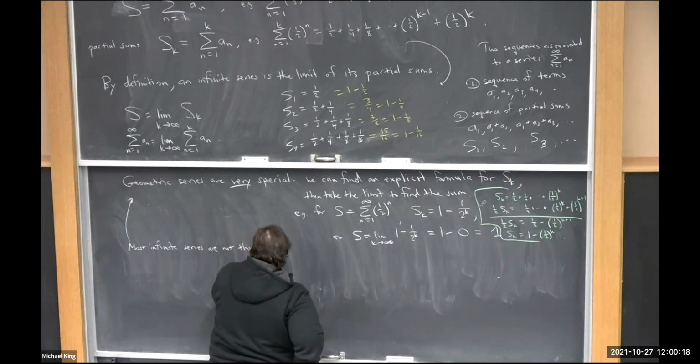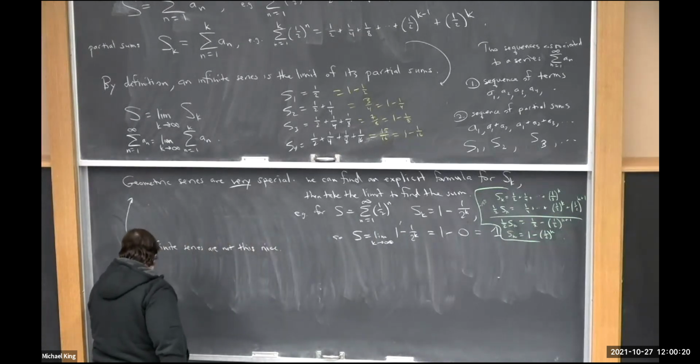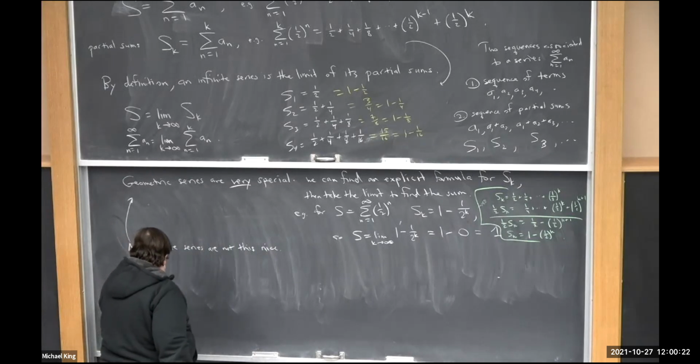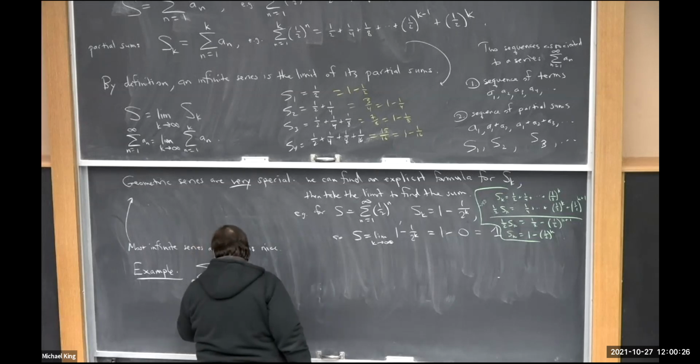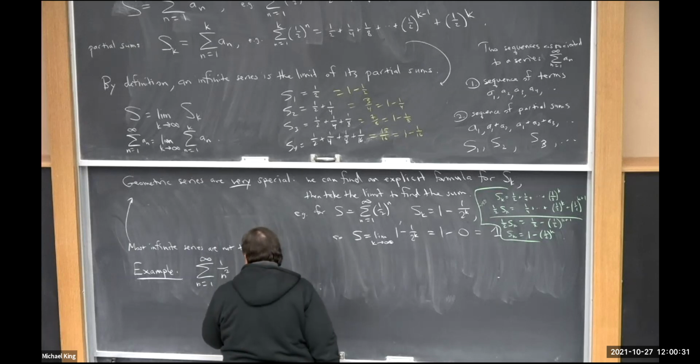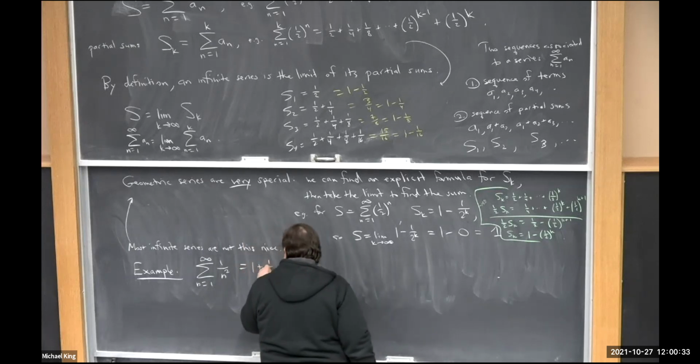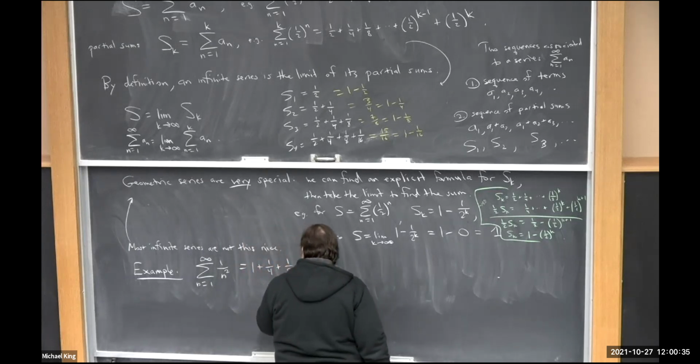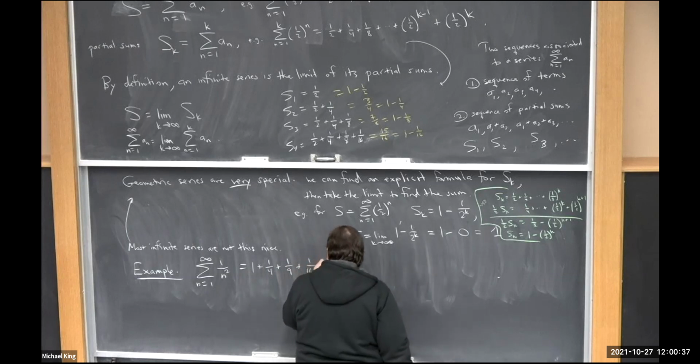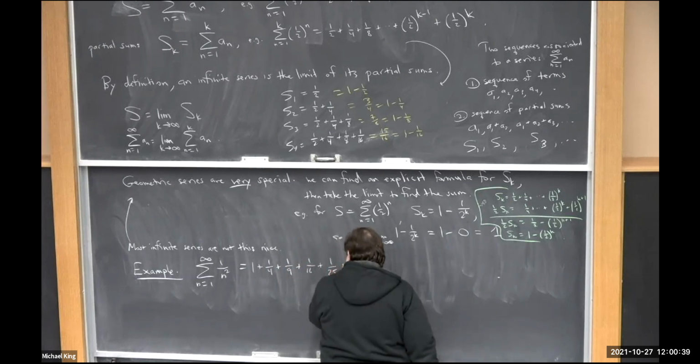So let me give you an example, which is a very famous example in math. Let's do the sum of the reciprocals of the squares. So this is 1 plus a quarter plus a 9th plus a 16th plus a 25th and so on.